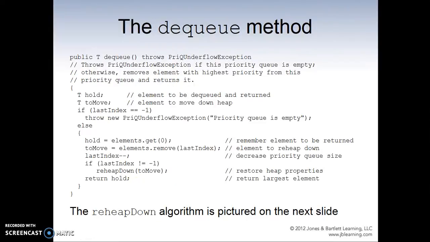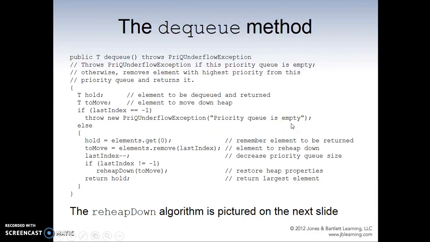Now let's look at DQ. For DQ again, we have to check if it is empty, since this is using an array. So if it's empty, then we don't want to DQ, checking last index equal to -1. So throw exception PriorityQ is empty.